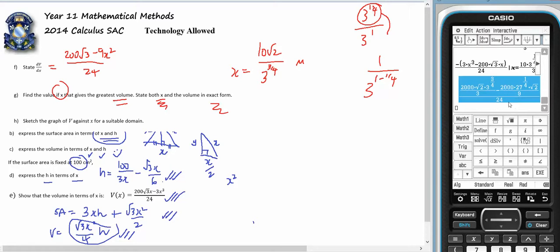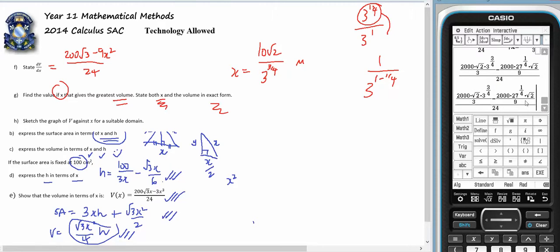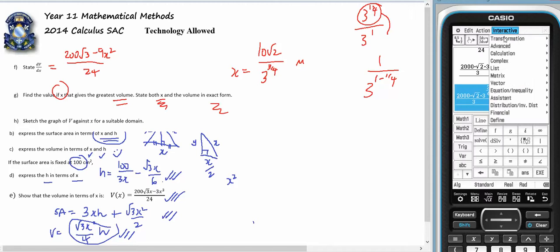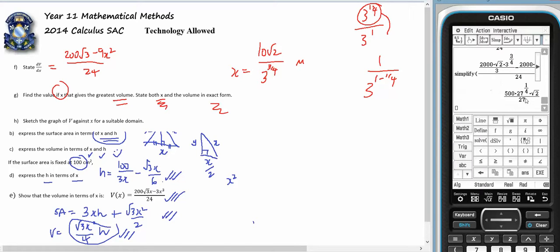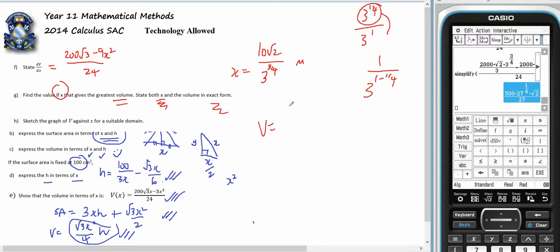And that's not very nice. So I take it into a new line, and I go interactive, transform, simplify. That's much nicer. And I'm going to combine those two 27s as well. So the volume is going to equal 500 root 2 on top of 27 to the 3/4, and that's meters cubed.